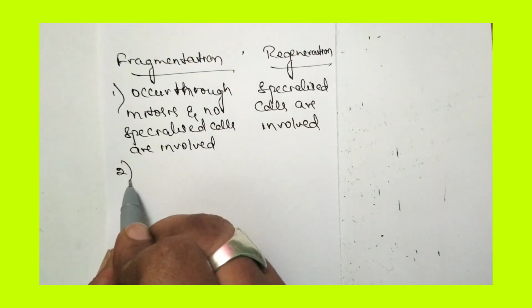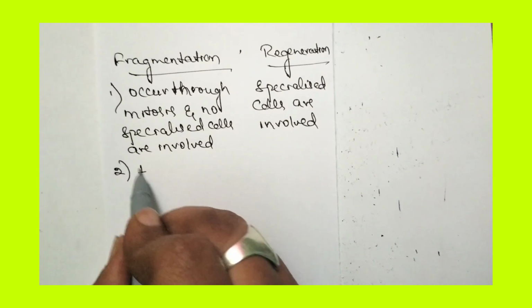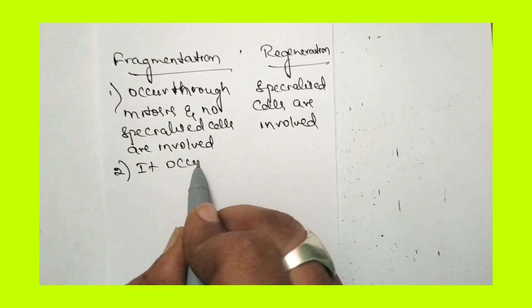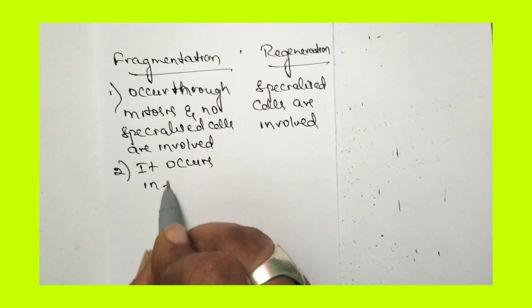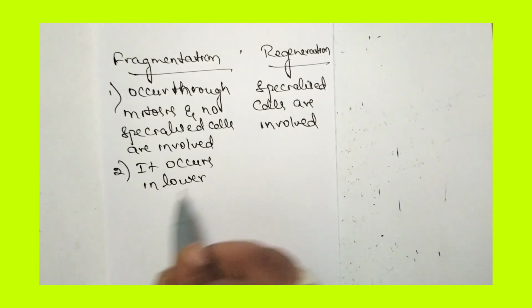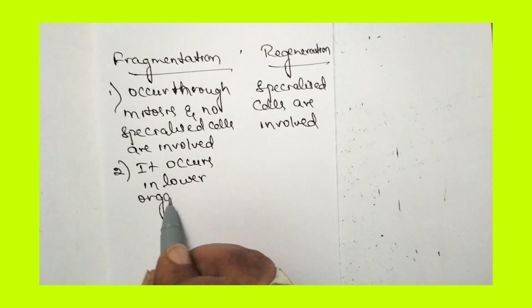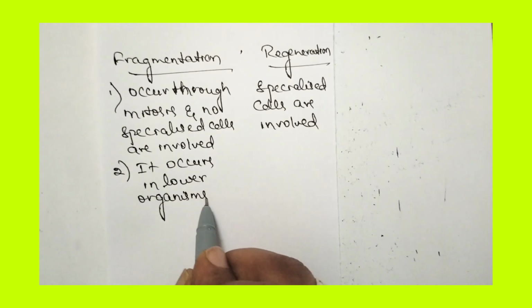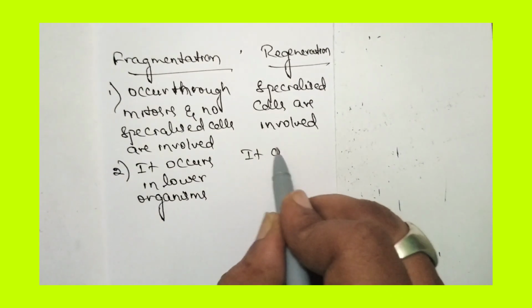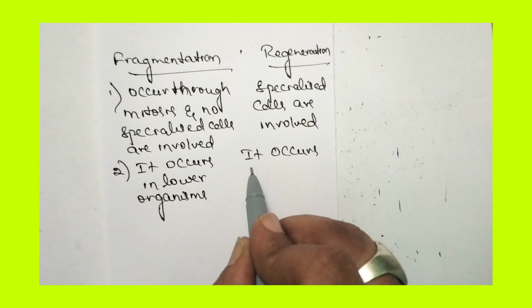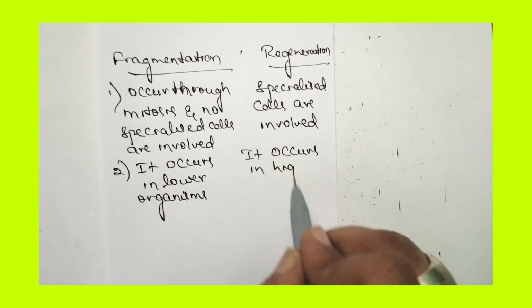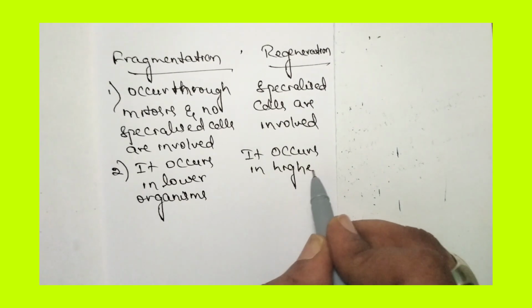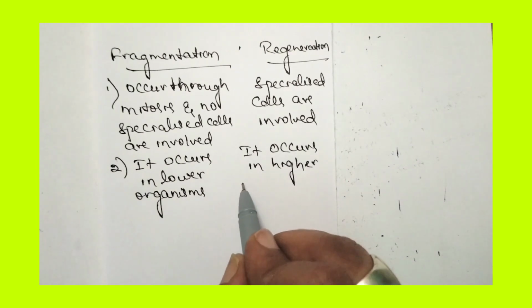Then the second difference is that fragmentation occurs in lower organisms, while regeneration occurs in higher organisms.